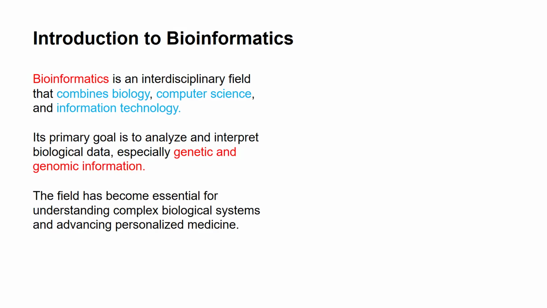So it becomes very important because now in many areas of research, especially in the developed world, they usually start with bioinformatics data because it helps in understanding a complex biological system, and it also aids in advancing personalized medicine.